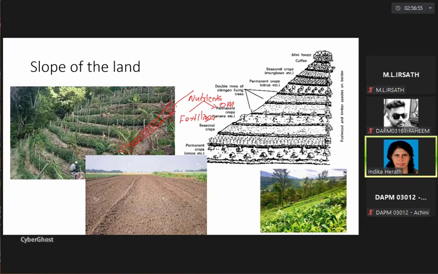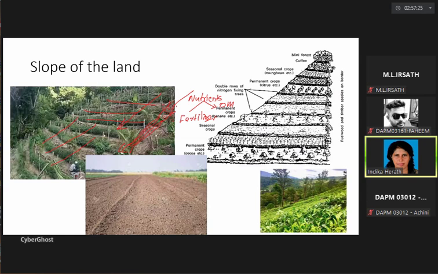What happens if we have a contour planting system? If the slope is in this direction, planting is done in the other direction, right? Think about a situation where we do planting in this direction. Then the water will carry all the particles down.